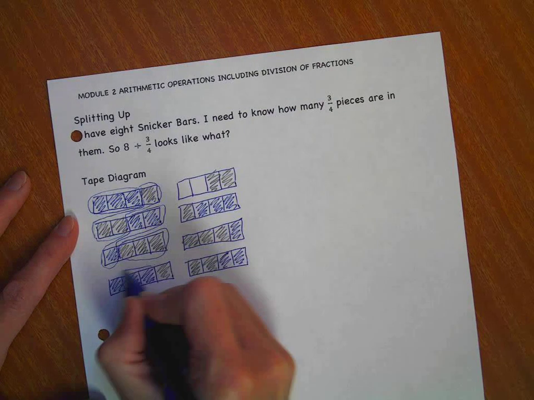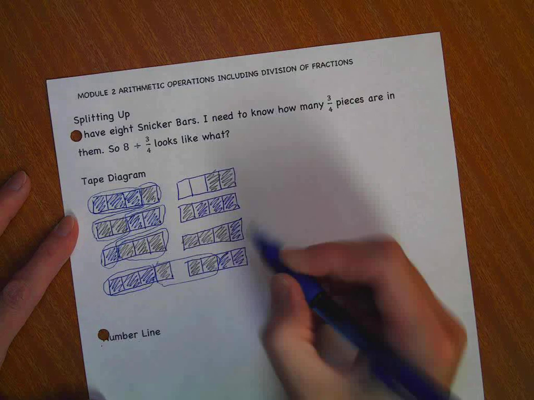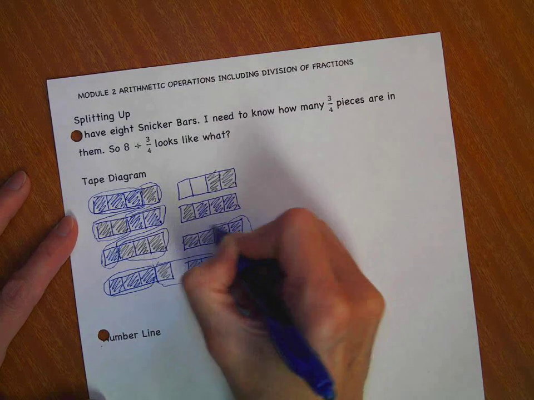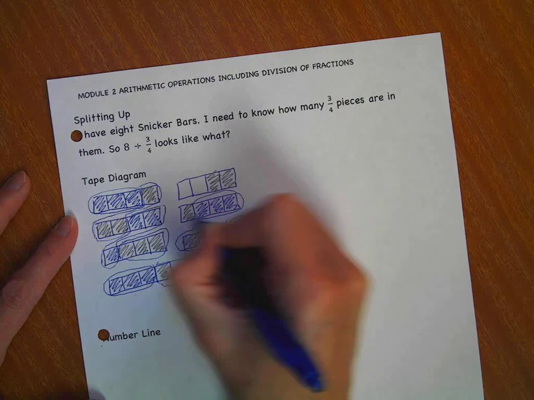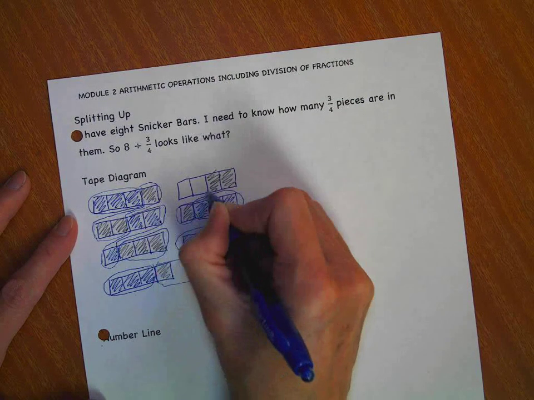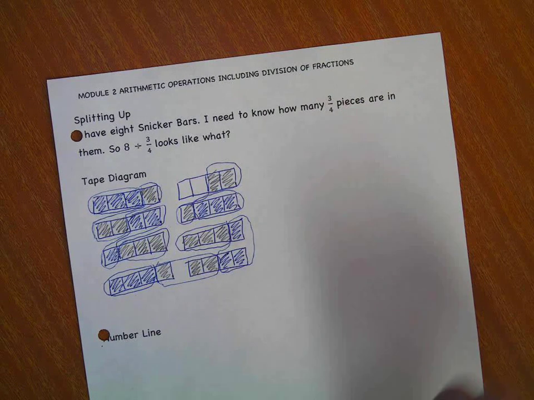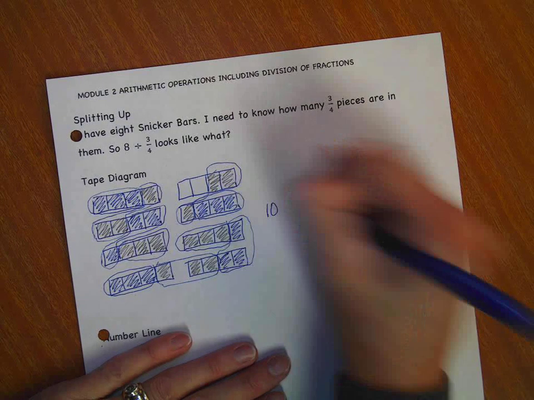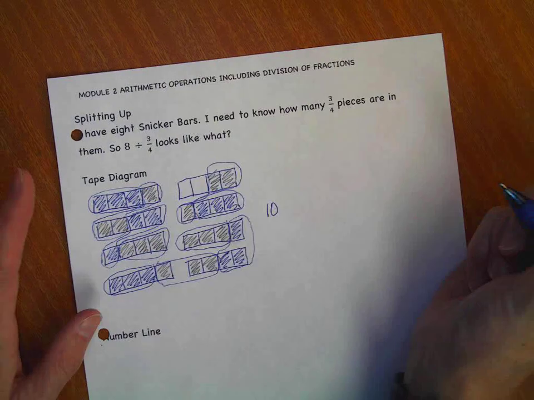And then 4 is right here. 5 is right here. 6 is right here. 7 is right here. 8 is right here. 9 is right here. And 10 is right here. So that means that there are 10 full 3/4 pieces. So I would write 10 full 3/4 pieces.